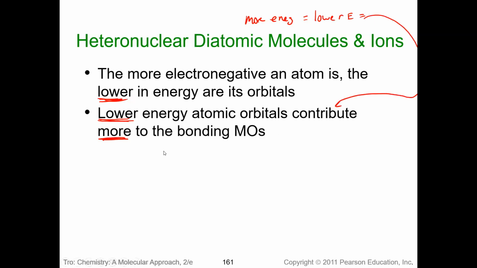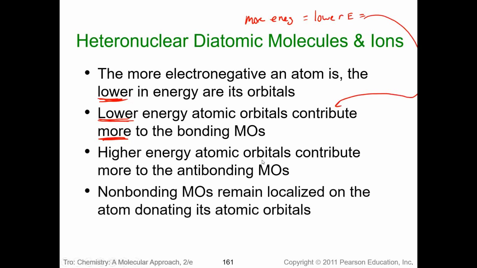Higher energy atomic orbitals create antibonding molecular orbitals. Non-bonding molecular orbitals remain localized around the atoms. Like this means the p orbitals, right? They're neither the bonding nor the anti-bonding.